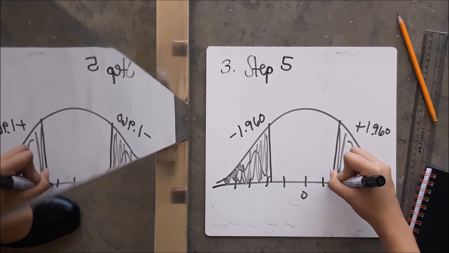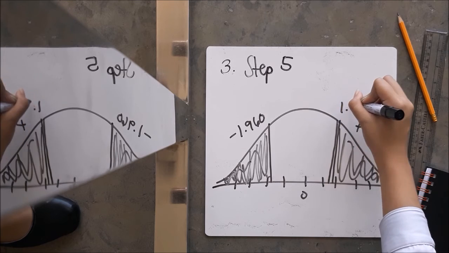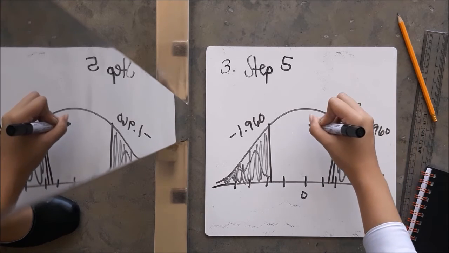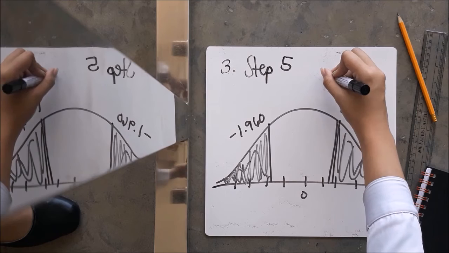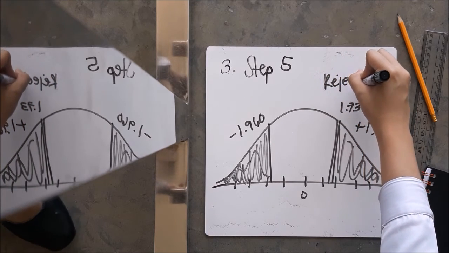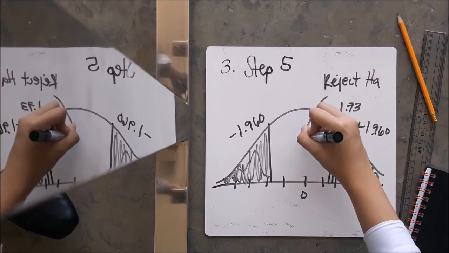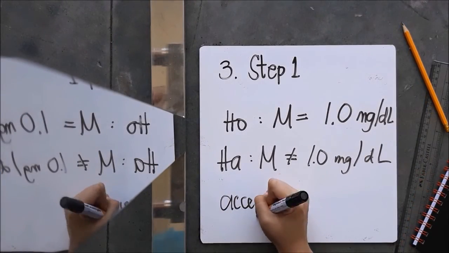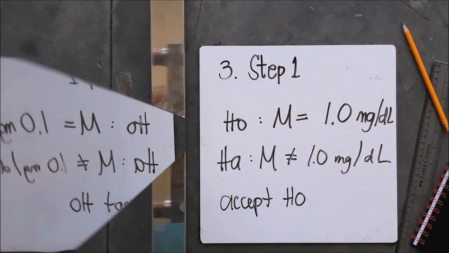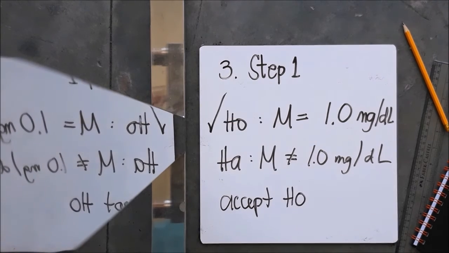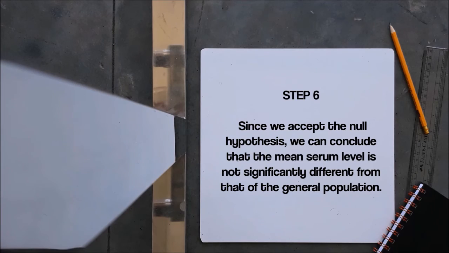And then plot 1.73 on the positive side. And we will reject HA. Step number 6 is the conclusion. Since we accept H0, the mean serum level in the sample group is not significantly different from the general population. And that's the final answer.